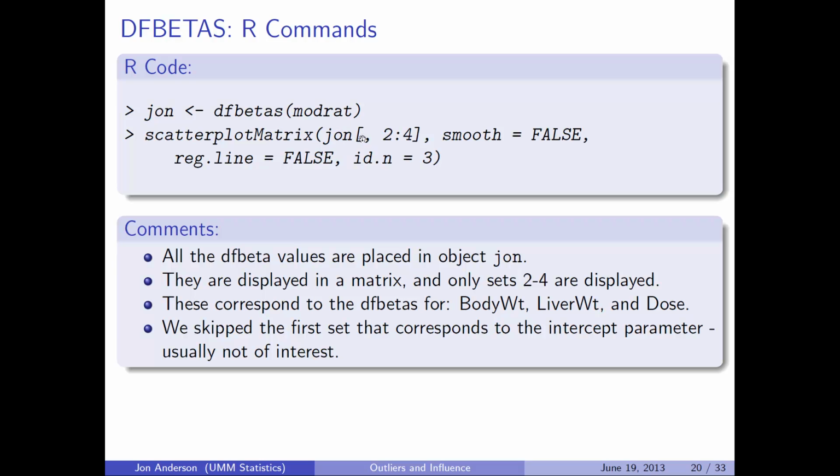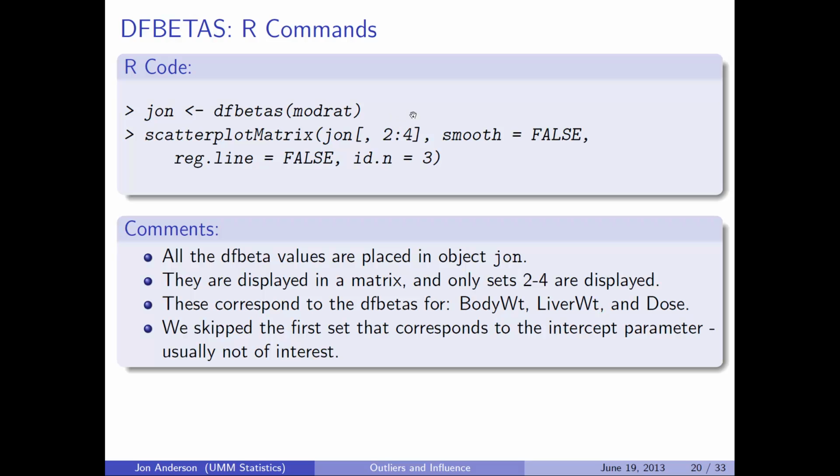The empty rows spot here means I'm going to use all of the cases. Remember, rows are cases, columns are variables, so I'm going to use all of the data observations, but I'm going to use columns 2, 3, and 4.